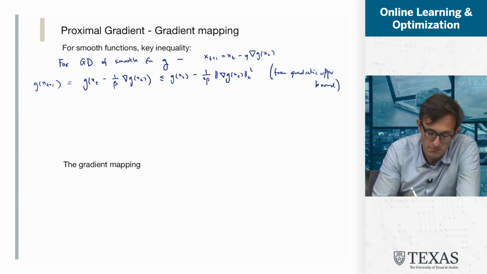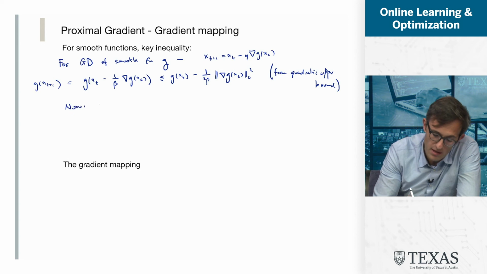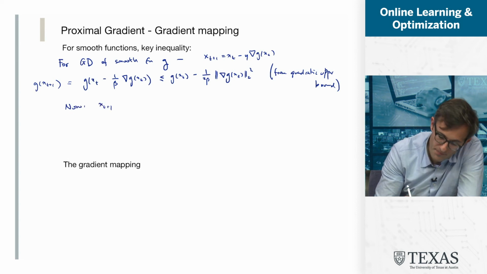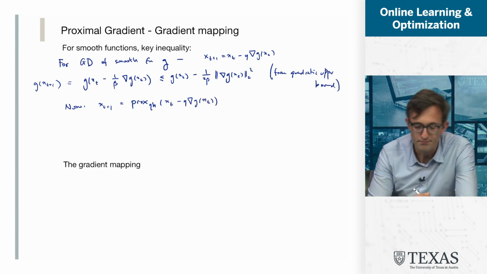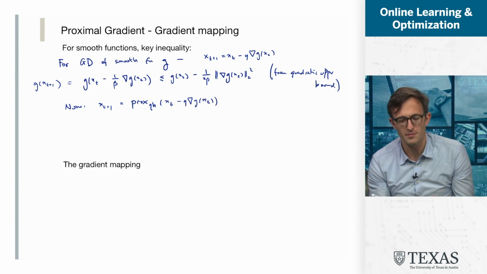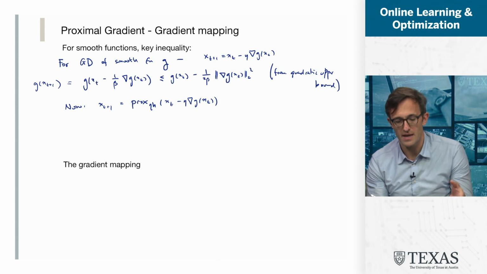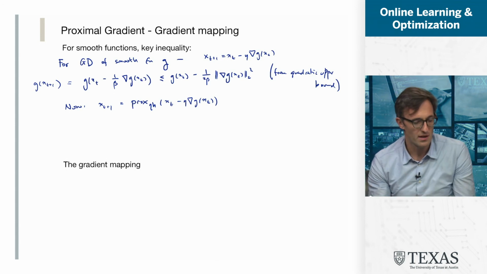But now xt plus 1 is a little bit more complicated. Xt plus 1 is equal to the prox eta h of xt minus eta gradient of g of xt. So it's harder for me to say what xt plus 1 minus xt is. It's not exactly the prox, not exactly the gradient, but we need it.